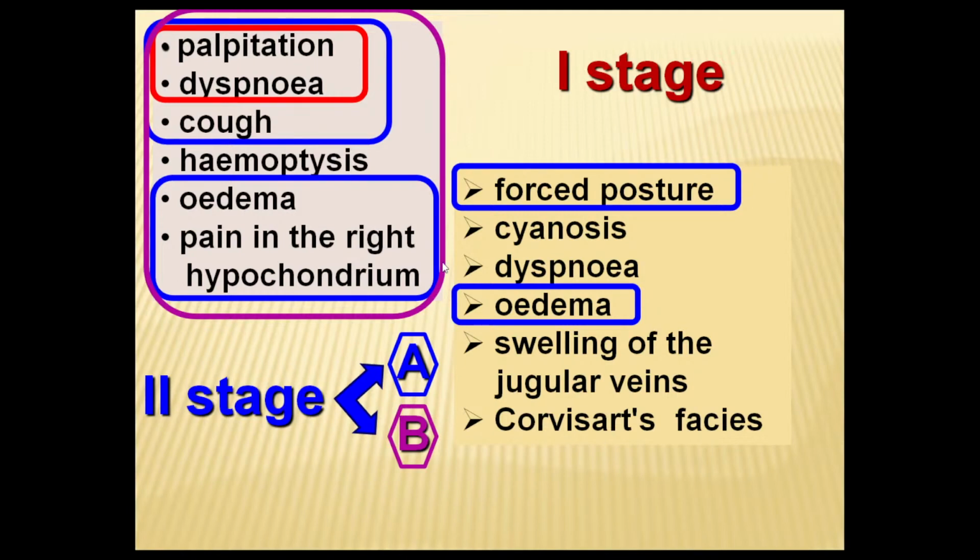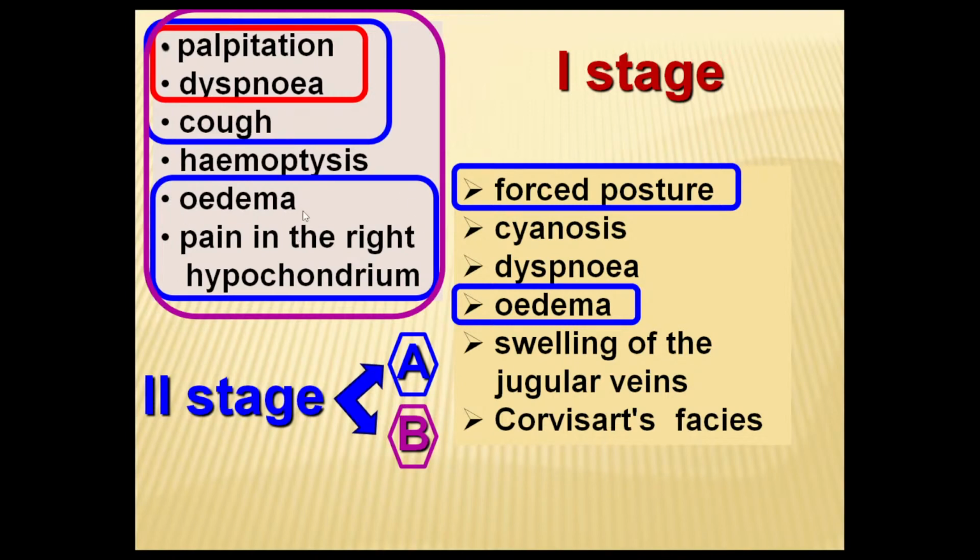For example, the patient gets up, goes to wash his mouth in the morning, and stops because of dyspnea and palpitation. Cough may be present the whole day and sometimes is accompanied by hemoptysis.